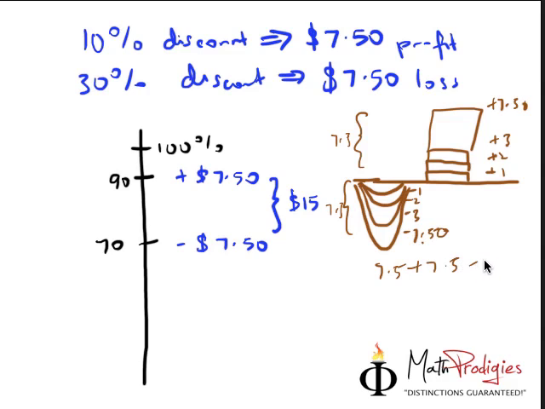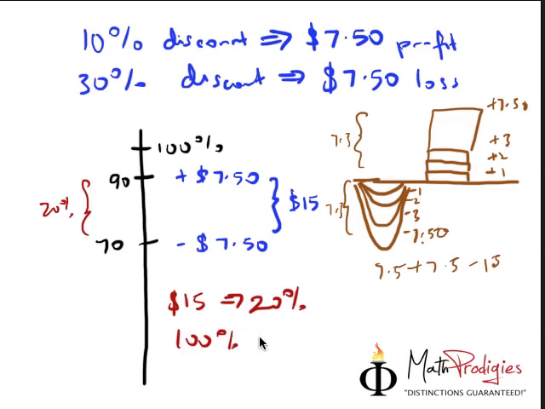Therefore $15 equals 20%. Can you see that? So $15 equals 20%. How much is 100%? 100% is 15 times 5, because 20 times 5 gives you 100, so you get $75, and bam, that is the answer.